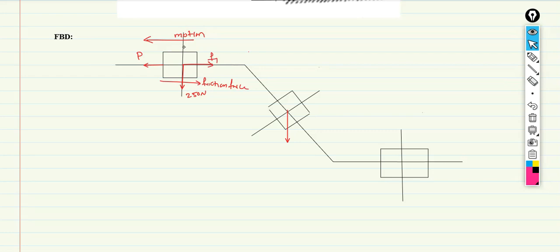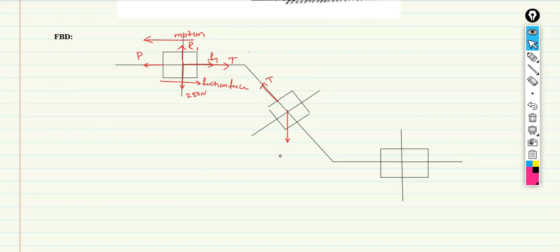And similarly, normal reaction R1 is also acting on it, and between these two pulleys we have tension T as well. Okay, because it is a string which is attached to two bodies, that's why we have tension T.